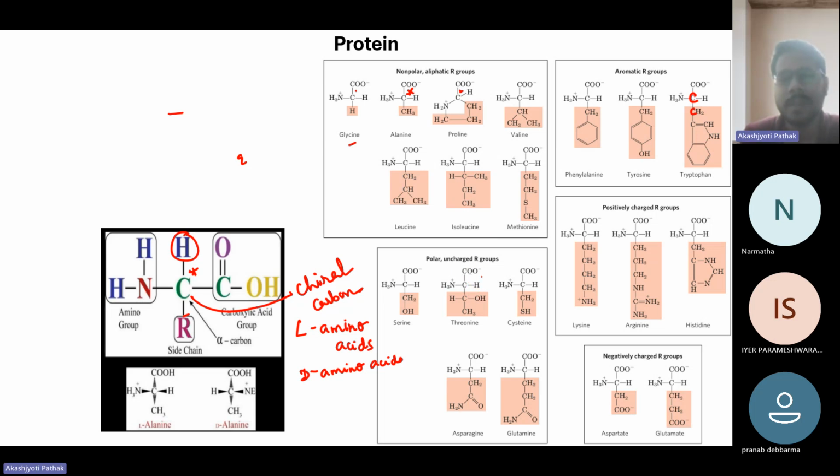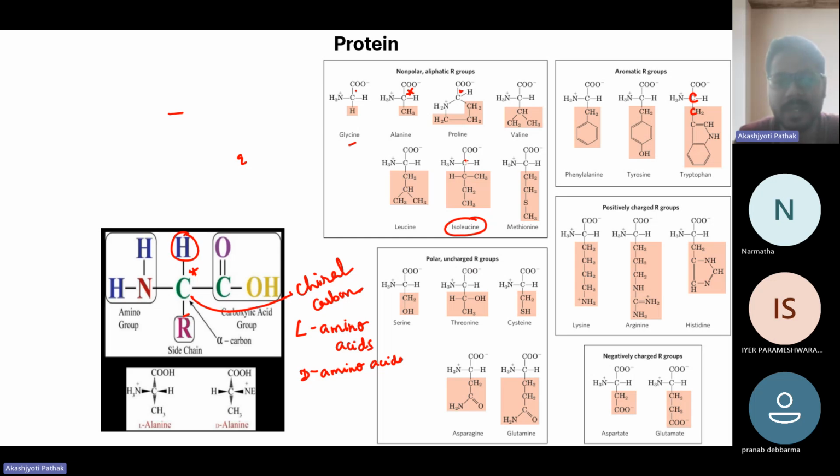So threonine is an amino acid which has two carbon atoms which are chiral, and other than threonine, there is another amino acid. So out of the 20 amino acids, there are two amino acids which have two chiral carbons. One is threonine and the other is isoleucine. Look at the structure of isoleucine. In isoleucine also, this is the first carbon.